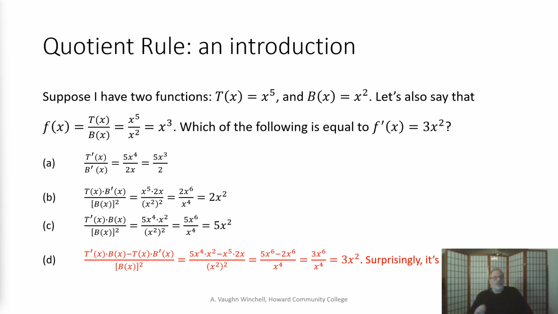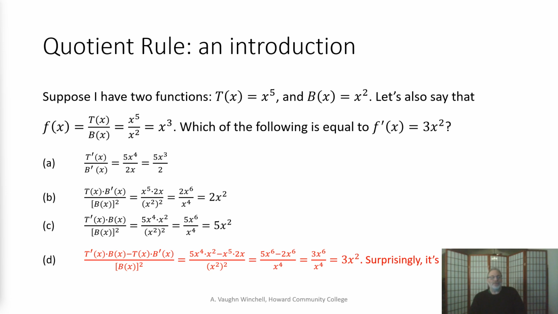I have here a thought experiment similar to the one that I did with the product rule, but in the interest of not being too wordy, I'm going to kind of fly through this. Suppose I have two functions, t of x and b of x. And t of x is x to the fifth, and b of x is x squared.